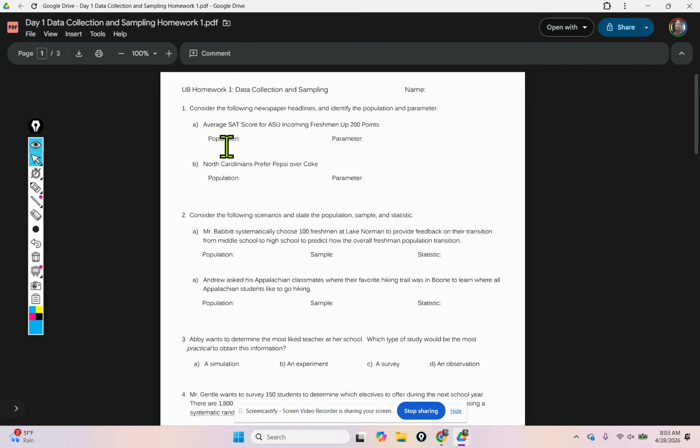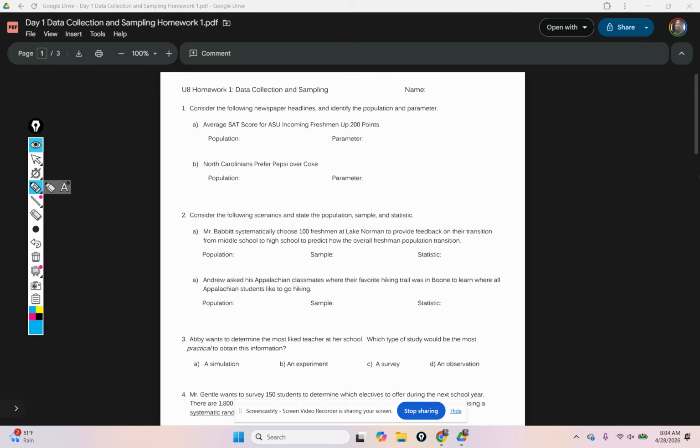So, for example, if I'm looking at this one right here and I say number 1, I want to consider the following newspaper headlines and identify the population and parameter. So for A, it says the average SAT score for ASU freshmen up to 200 points. Again, the population is the whole thing.